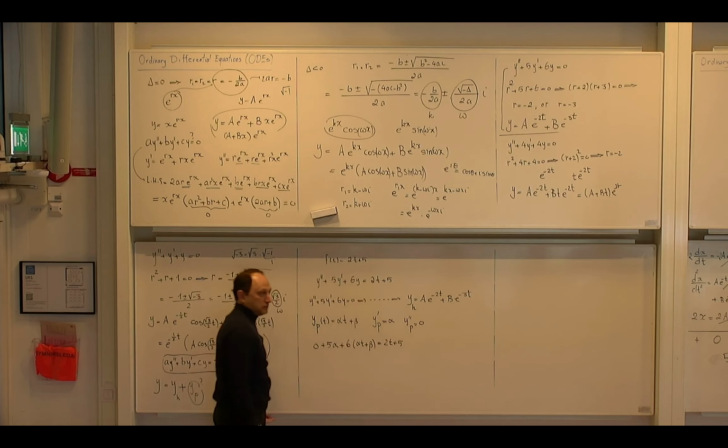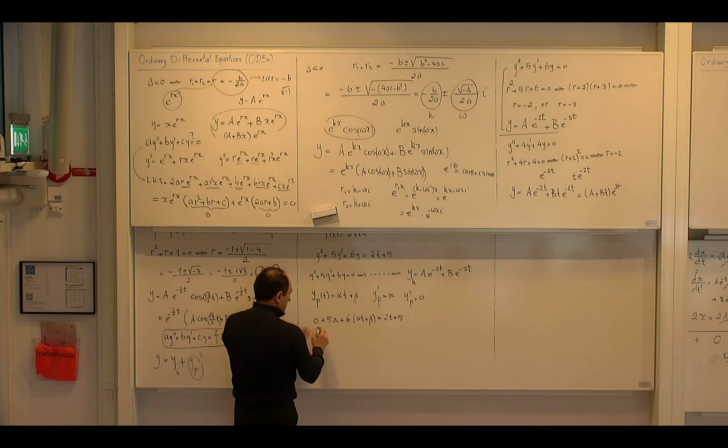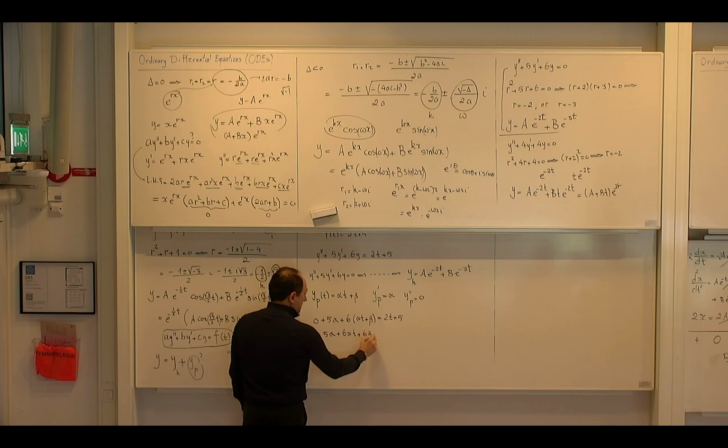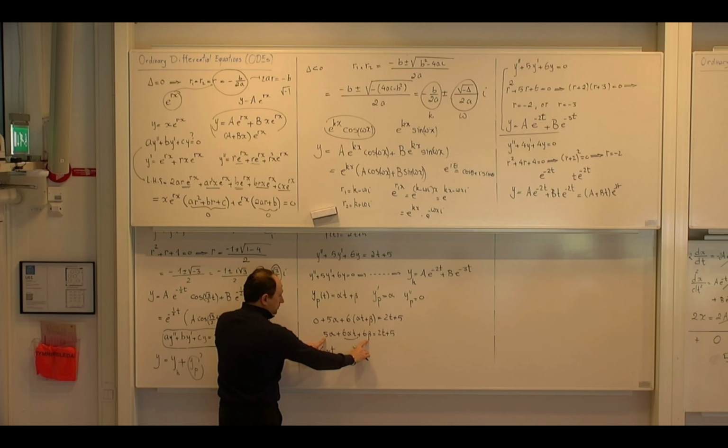And arrange the left-hand side. What do I mean? 0 is 0, so 5 alpha plus 6 alpha t plus 6 beta is supposed to be equal to this. Let me arrange them. There is a t involved here. I write it separately. There are no t's here. I combine them together.